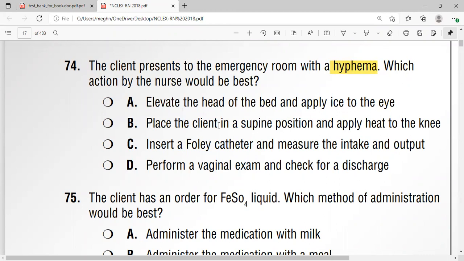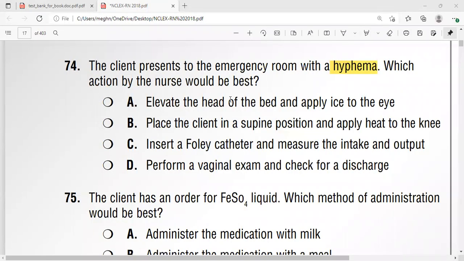B, place the client in a supine position and apply heat to the knee. C, insert a Foley catheter and measure the intake and output. And number D, perform a vaginal exam and check for the discharge.